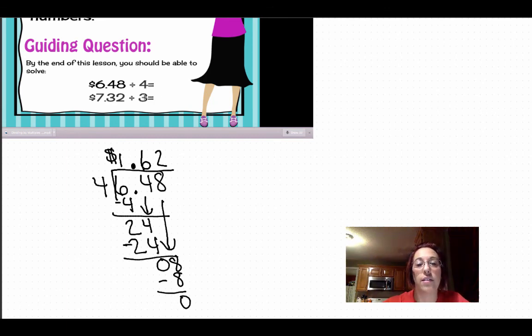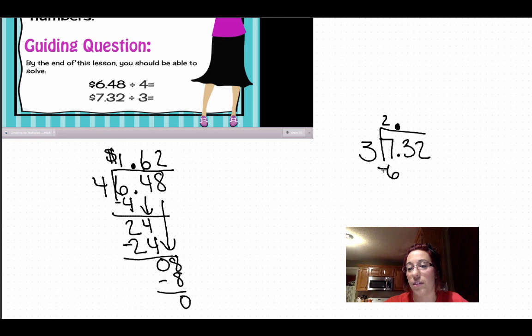Let's go ahead and look at the second problem down here. We have $7.32 divided by 3. Decimal goes straight up. 3 will go into 7 twice. 2 times 3 is 6. 1.